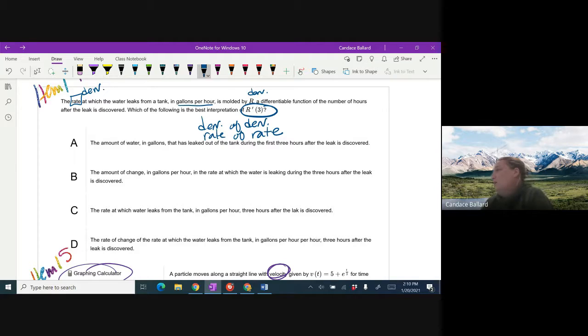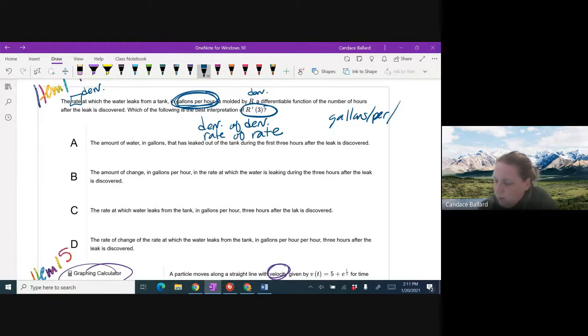Yes, we're looking at the second derivative. That's correct, Tina. But the key to this one is the label. If my first derivative is in gallons per hour, what should my derivative of my derivative, or my rate of my rate, what should the label be?